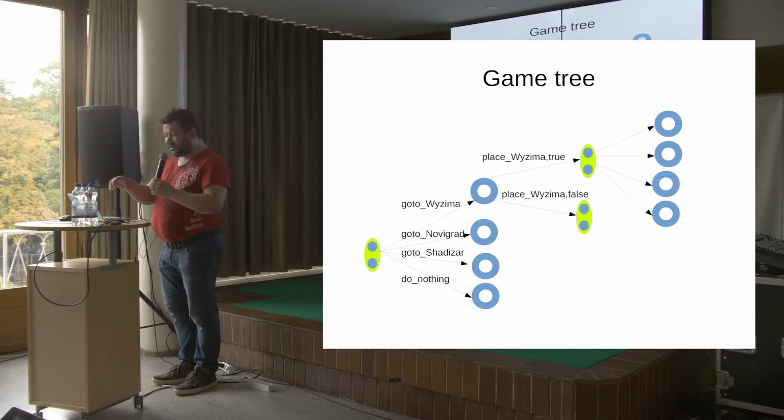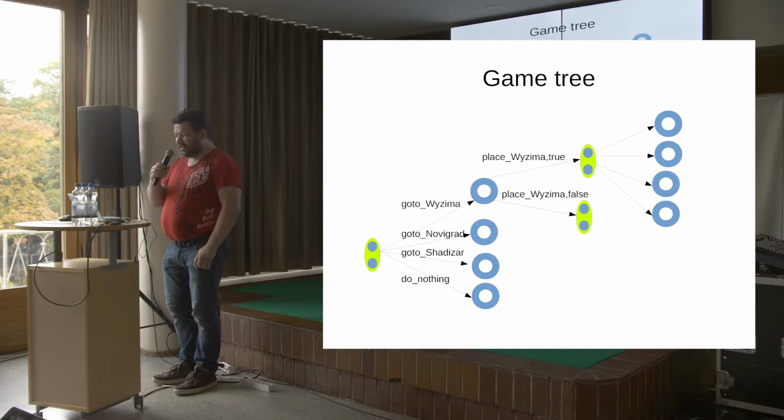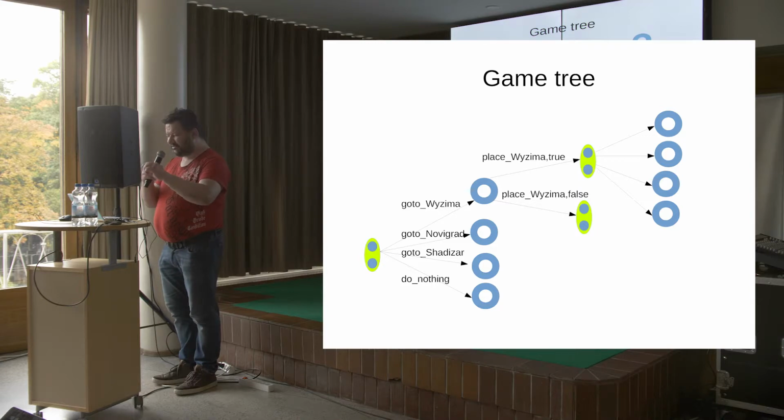And then after each action, we have possible visible states. For example, when we go to Vizima, we can have place Vizima true or place Vizima false. And we imagine how we interpret what we're going to believe once we get to Vizima and we don't see the vampire.